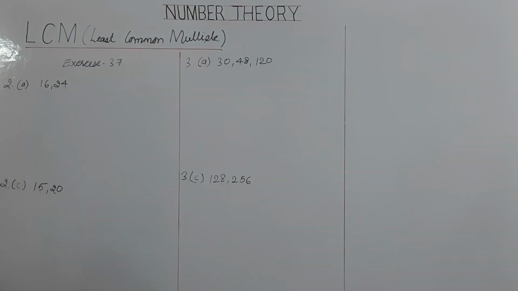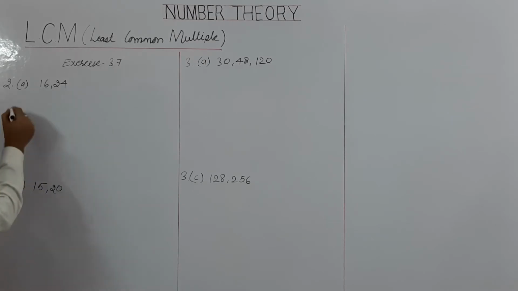Next, question number 2. Find the least common multiple of A, 16 and 24, C, 15 and 20. These are given numbers. Now for second question, we are going to use first method, that is prime factorization method.